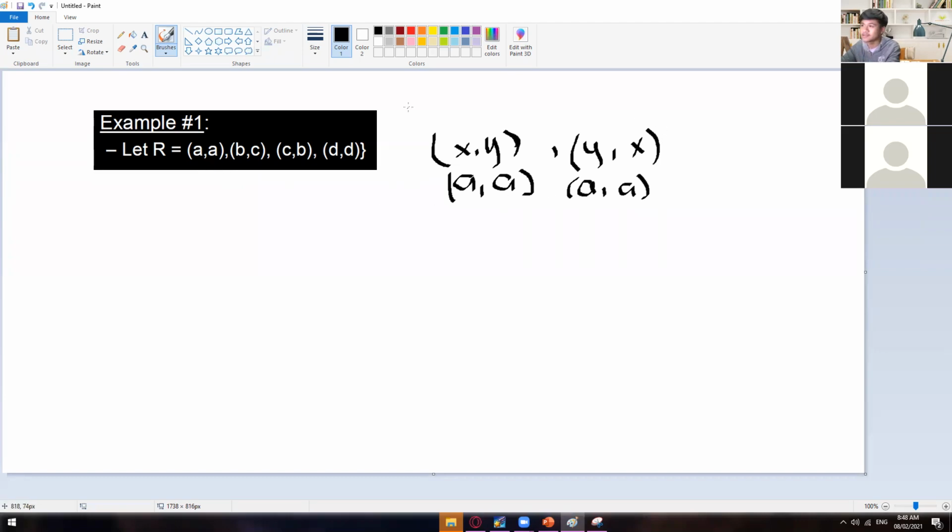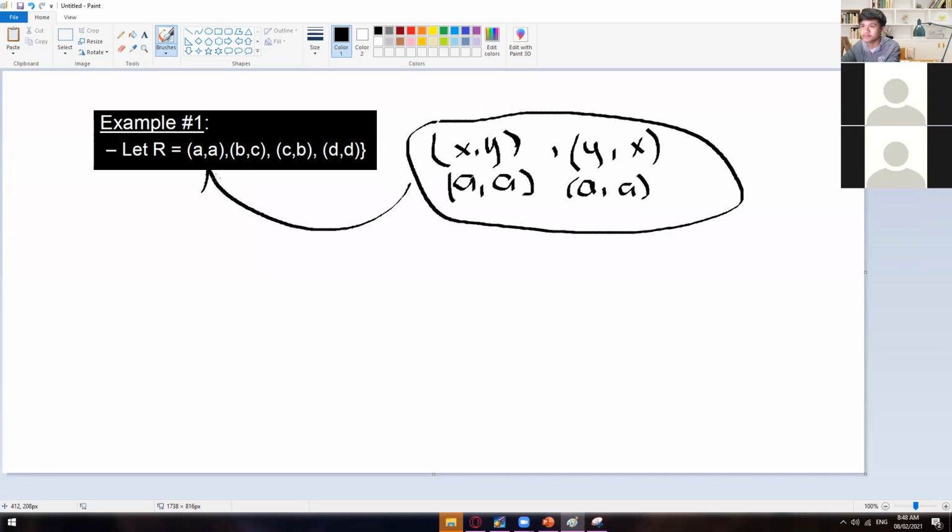As you can see, for the second ordered pair, we have (b,c), then we should also have (c,b). This is our x, this is our y. So just interchange those. We have (y,x), which is (c,b), and we also have that one in our list of ordered pairs.